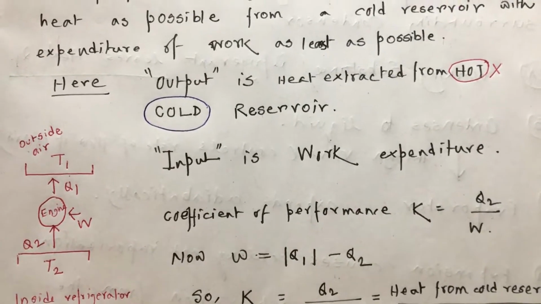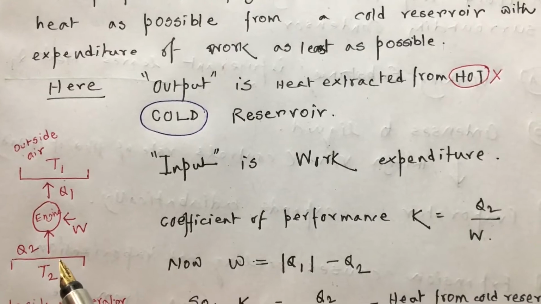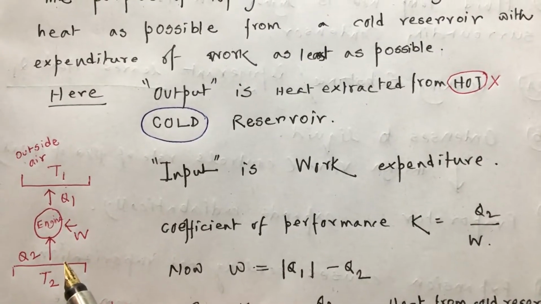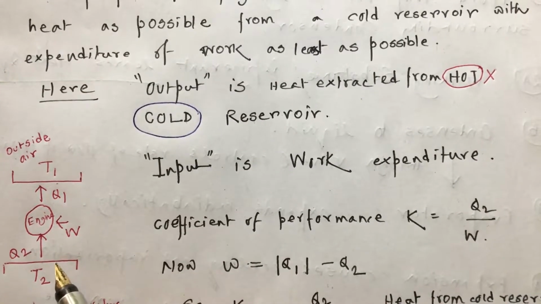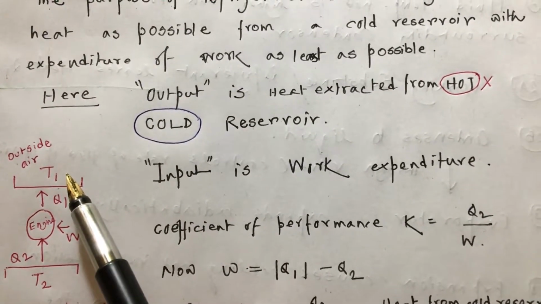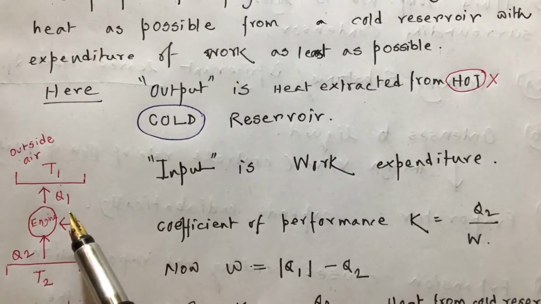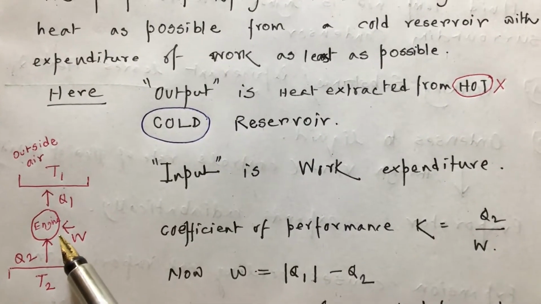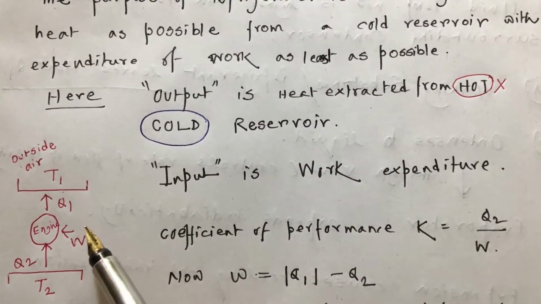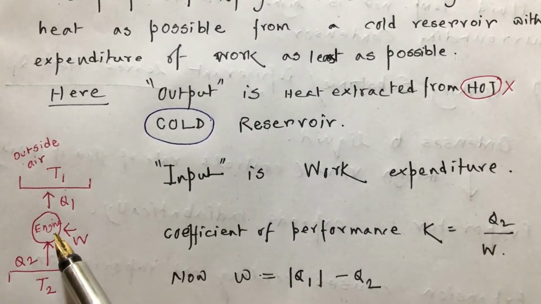Now here the output is the heat extracted from not the hot reservoir but from the cold reservoir. Heat engine এর জন্য কি ছিল আমরা hot reservoir থেকে Q1 amount এর heat absorb করছিলাম কিন্তু এখানে cold reservoir থেকে Q2 amount of heat টা absorb করব। Now input for this case is the work done into the engine.